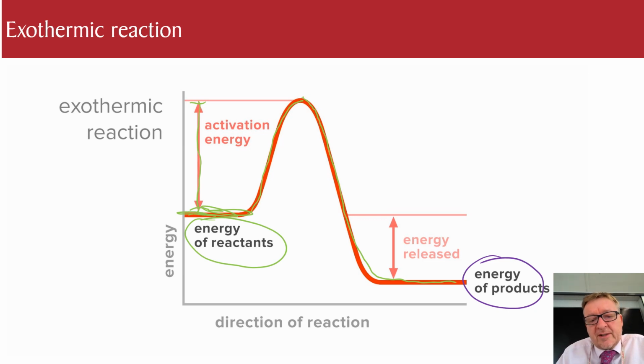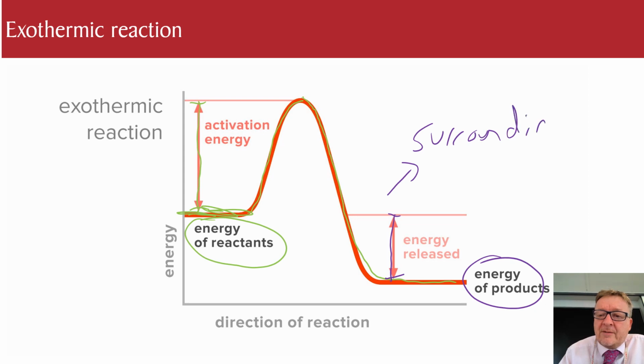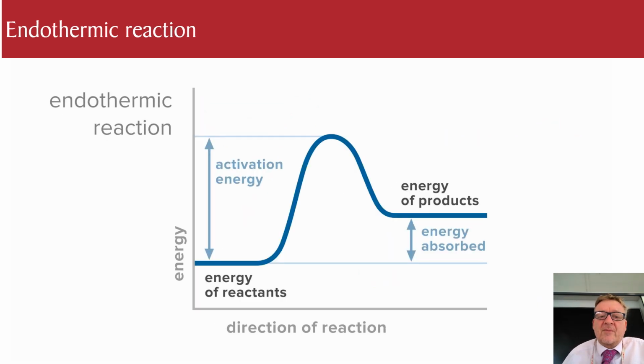And what you'll notice is the energy of reactants is higher than the energy of the products, which means energy is released to the surroundings, right? And that is an exothermic reaction. An endothermic reaction does work in a similar kind of way.